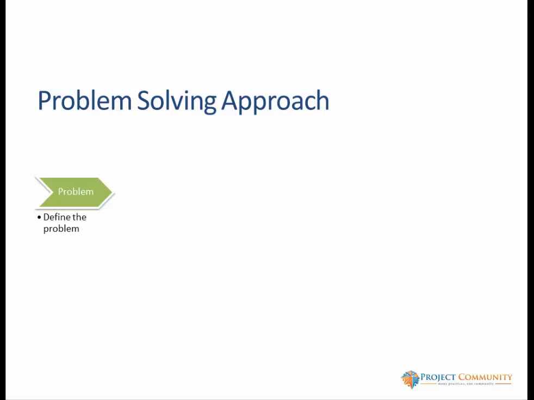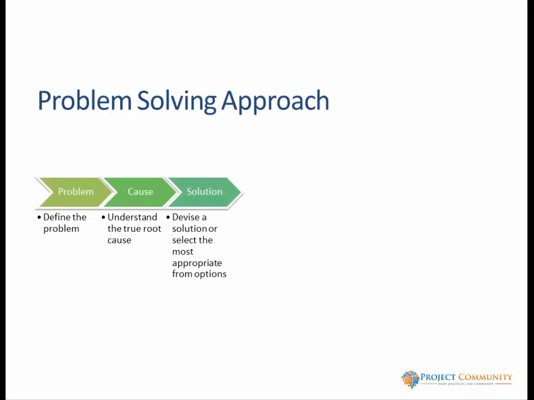So you need to find out what the true problem is. You need to dig down and find out what the root cause is of that problem. Because often on the surface it may look like one thing, but once you start digging, it's actually something else or multiple things.